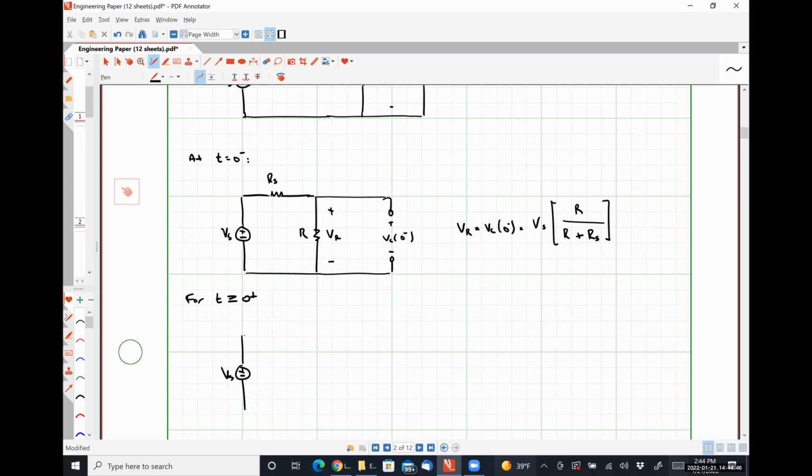We have a voltage source connected to some resistor Rs, and then we have an open circuit over here.